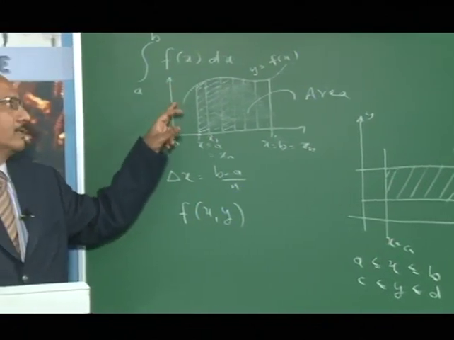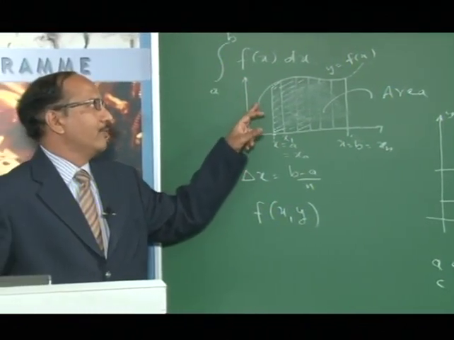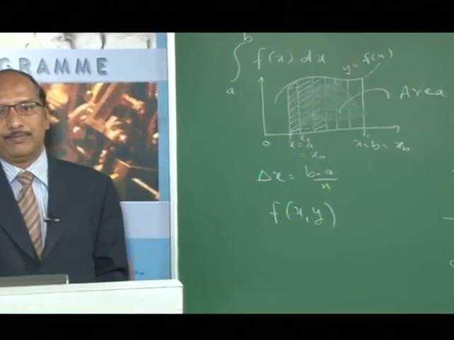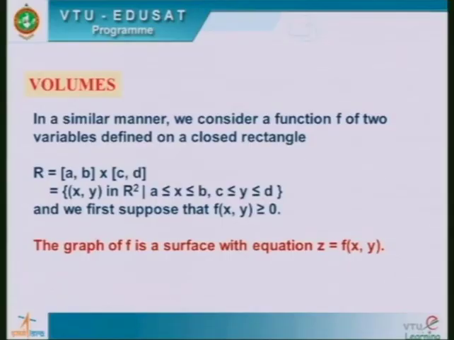Integration with respect to x is a single integral, and y equal to f(x) is a curve in the xy plane. So what does f with two variables x and y represent? That is z equal to f(x,y). This represents a surface in three-dimensional space.